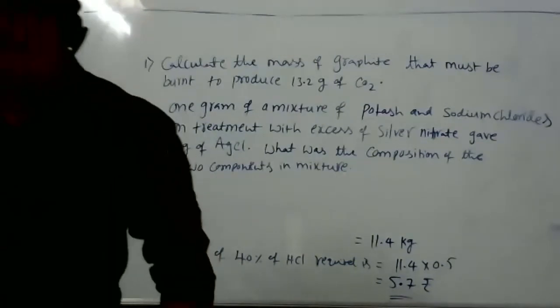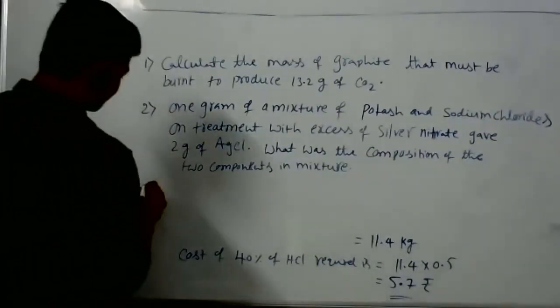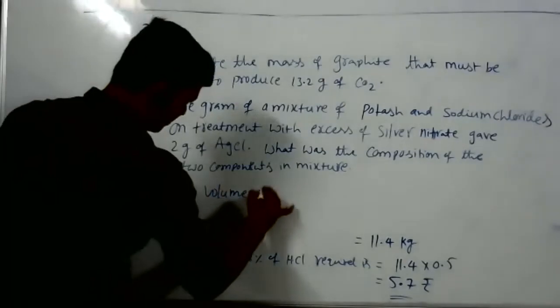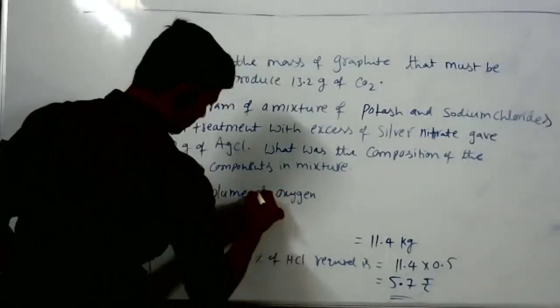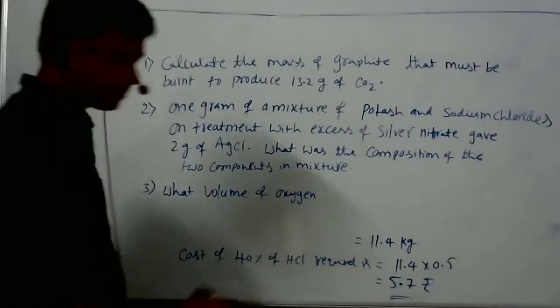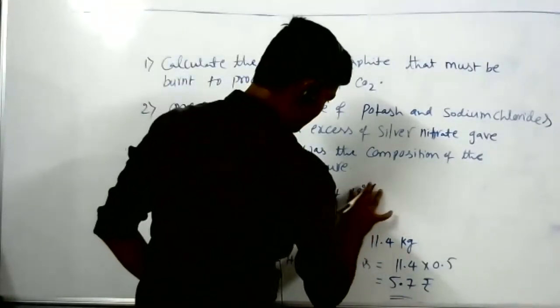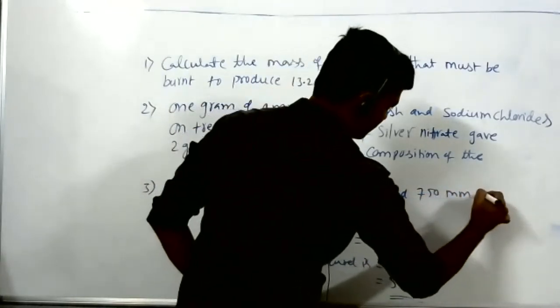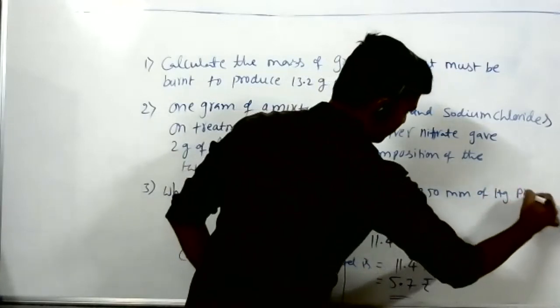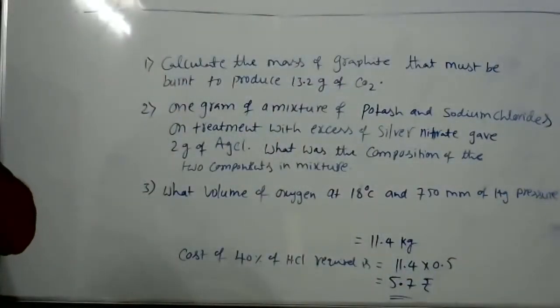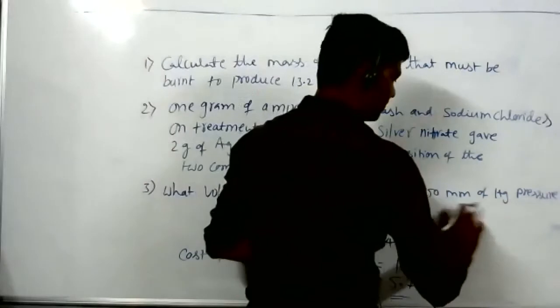Next question. What volume of oxygen at 18 degrees centigrade and 750 mm pressure can be obtained from... You can write just 750 mm pressure.